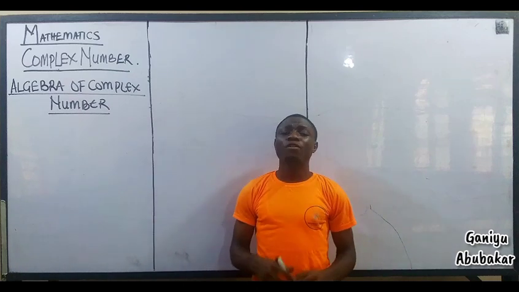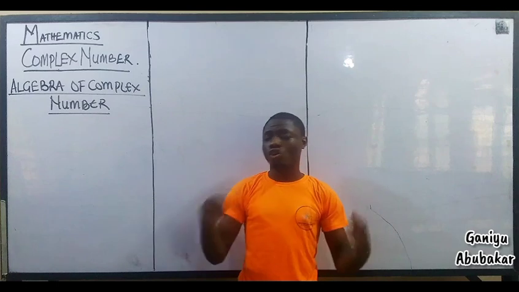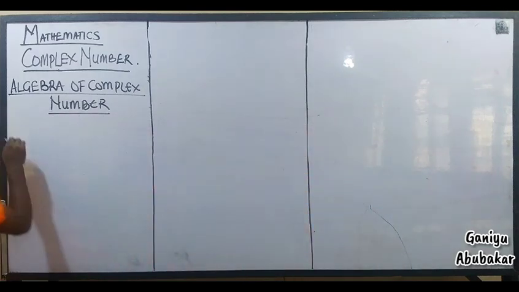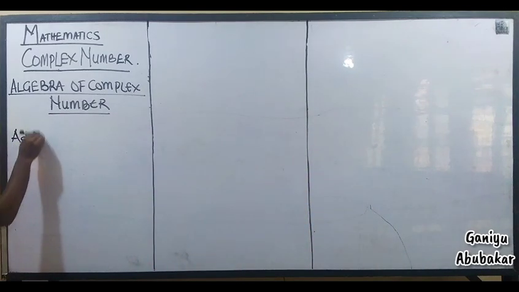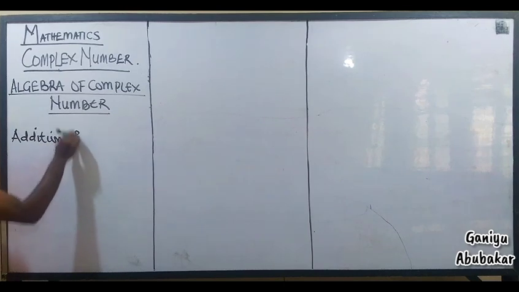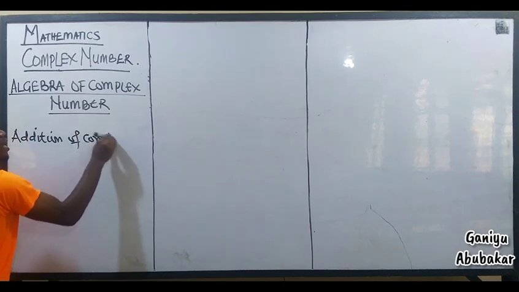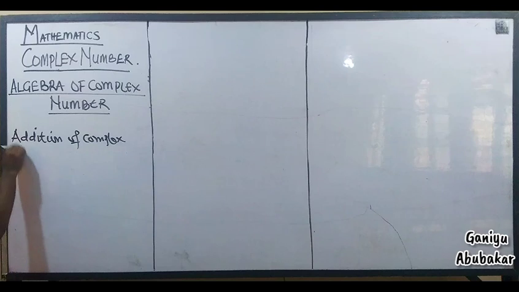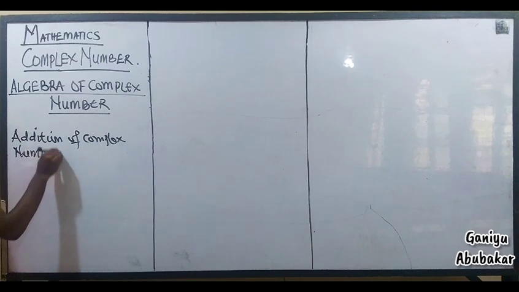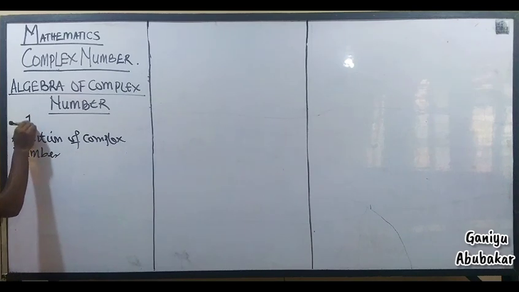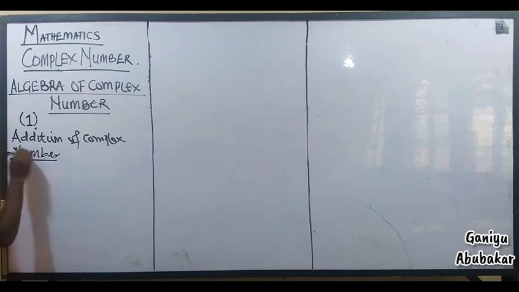Let's have the first one, known as the addition of complex numbers. Number one, addition of complex numbers.